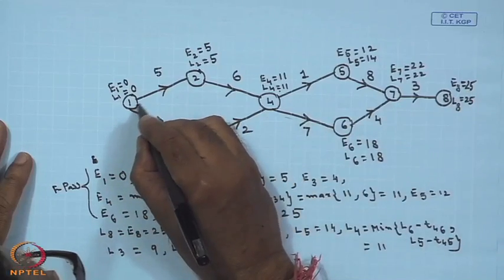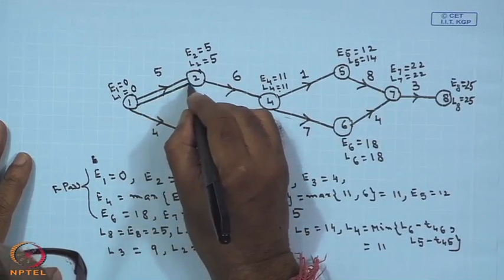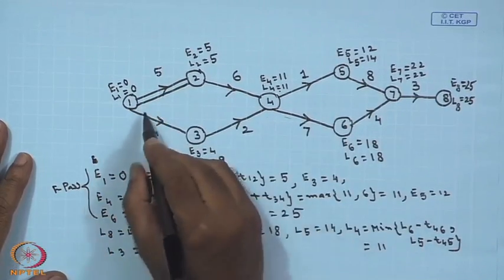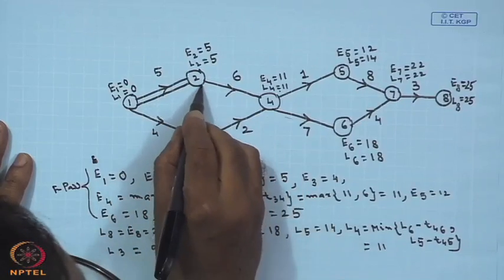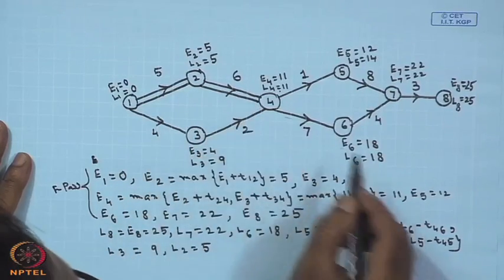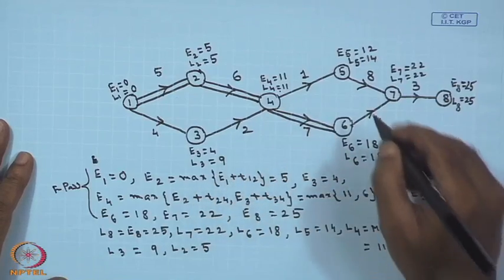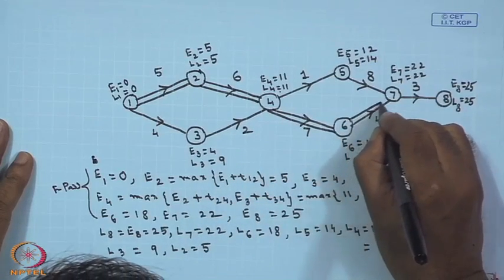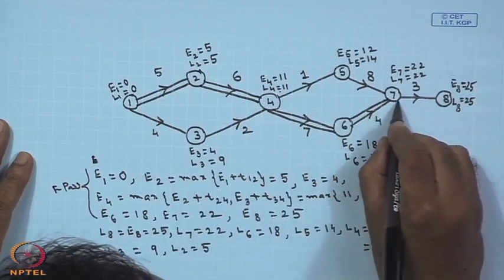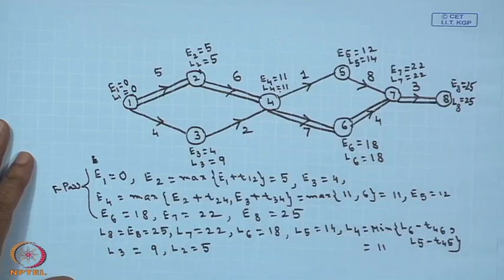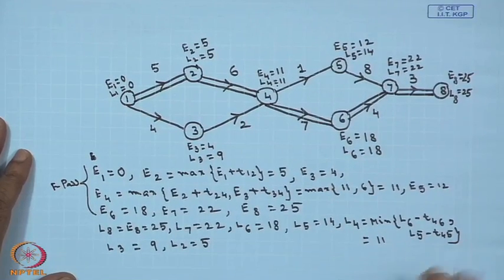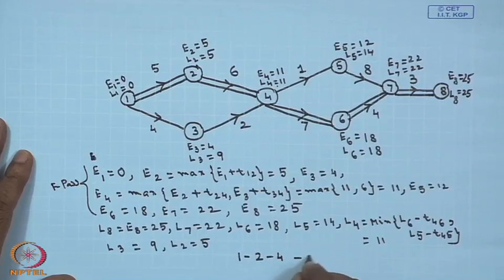So, I can draw the critical path by double line, as I told, from activity 1 2, then from activity 2 4, after that from activity 4 6, and activity 6 7, from 6 7 to 7 8. So, therefore, my critical path is, I can say 1 2 4 6 7 and 8.